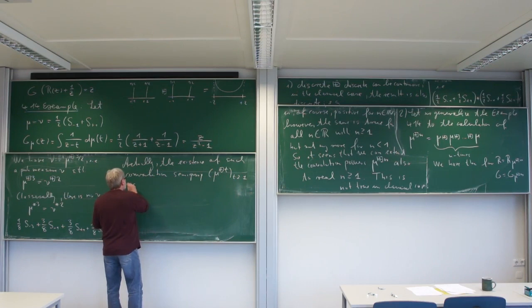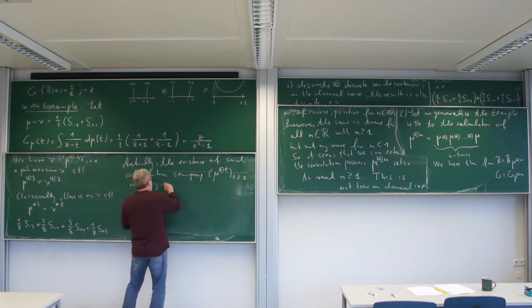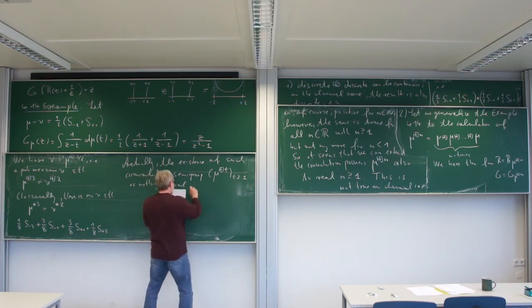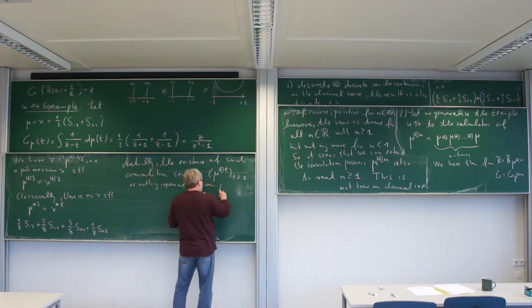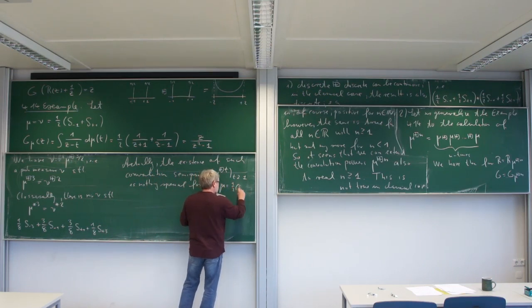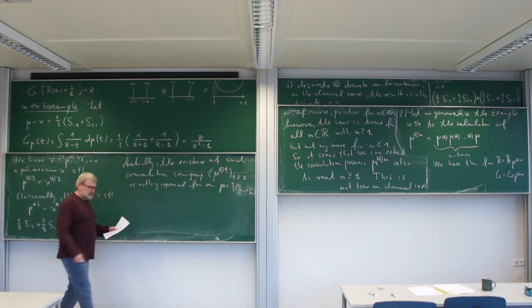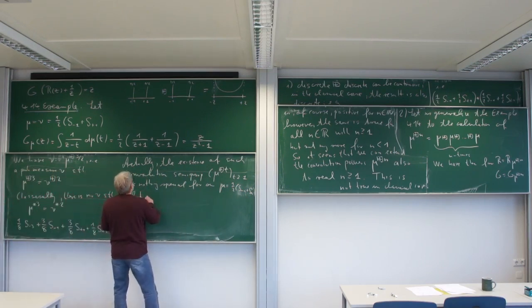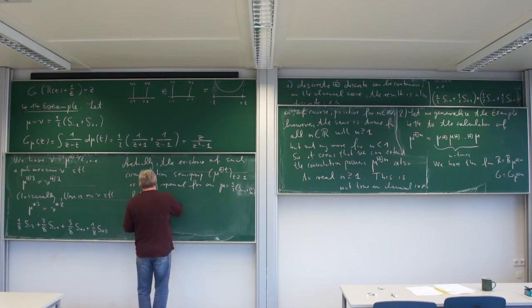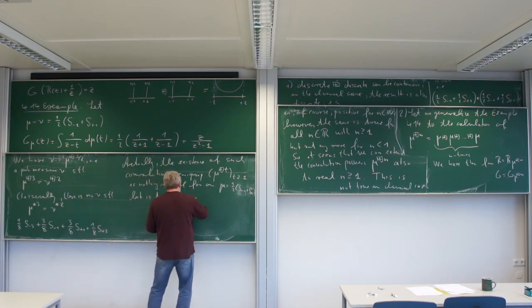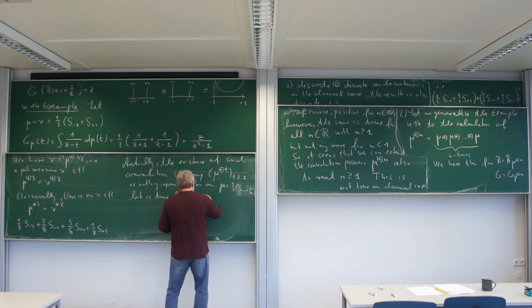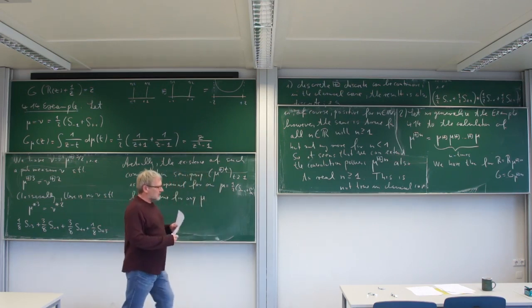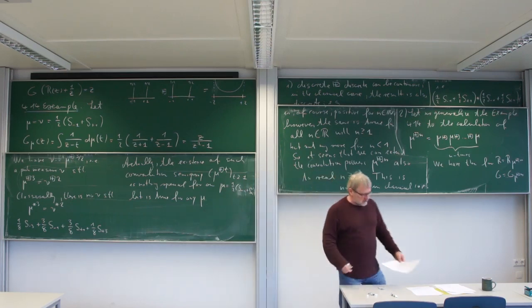So this is nothing special for the mu which we considered here, which was this Bernoulli living on plus and minus 1, but it's actually true for any mu. I want to formulate and also prove this general statement.